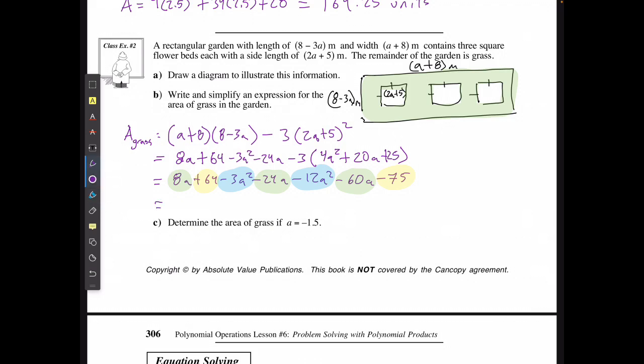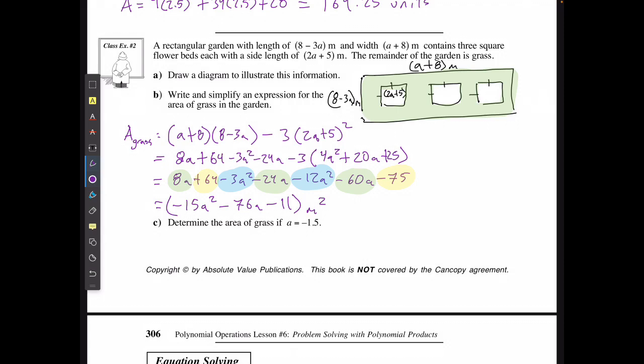And when I combine them, I wind up with negative 15a squareds, negative 76a's, and negative 11 meters squared. If I want the area of the grass, if a is equal to negative 1.5, I'm doing the same thing that I did last time.